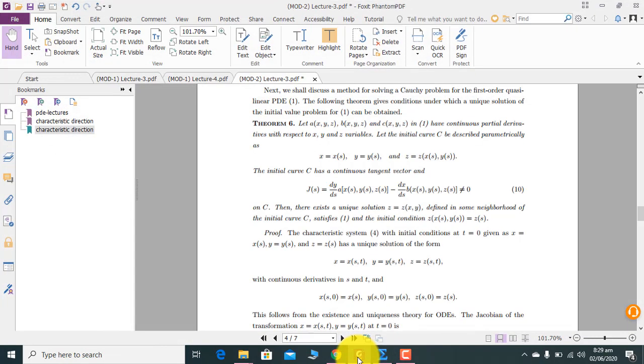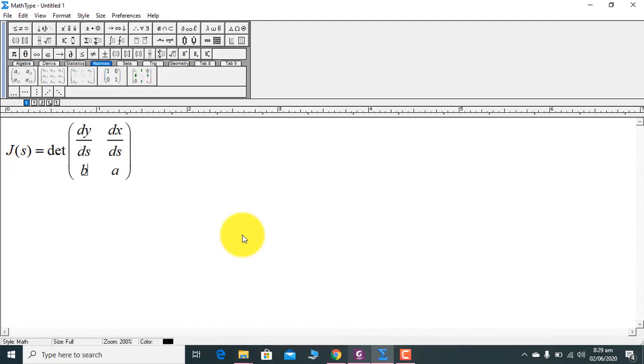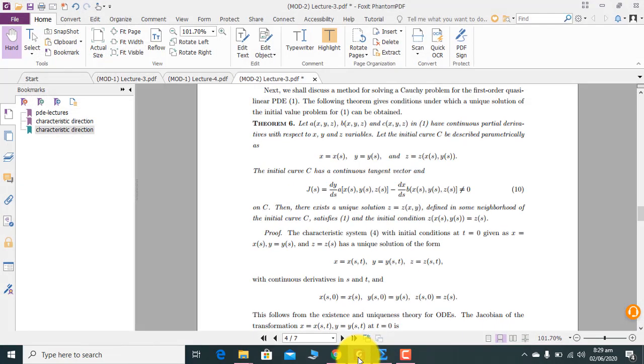So this determinant has to be non-zero. We will come to that, because you must know why this determinant must be non-zero. But initially just focus on the fact that we have supposed that quantity is non-zero in equation 10.